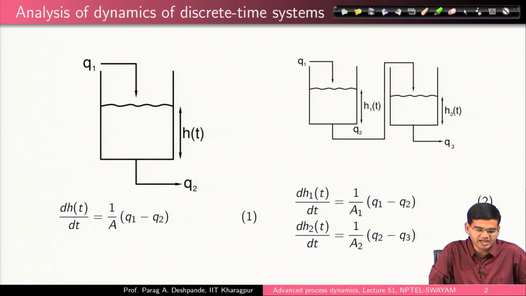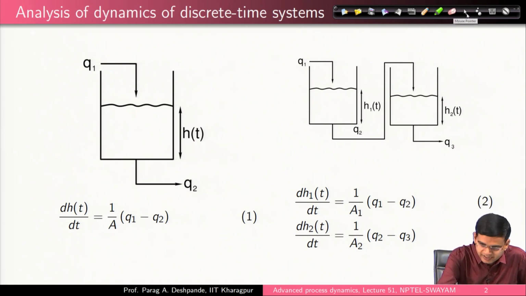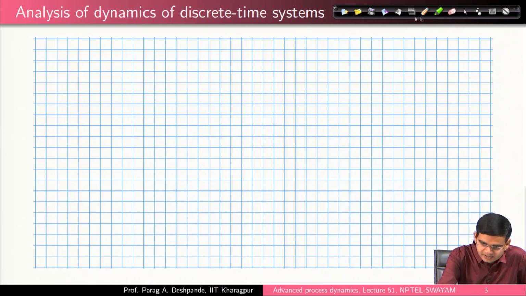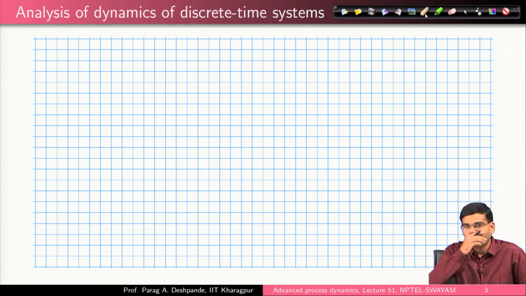Now, let us imagine that we are using this particular tank, in fact the output from this tank which is the stream q2, as an inlet to a reactor which is downstream of this tank. Okay. So, let us see how we can design this system.